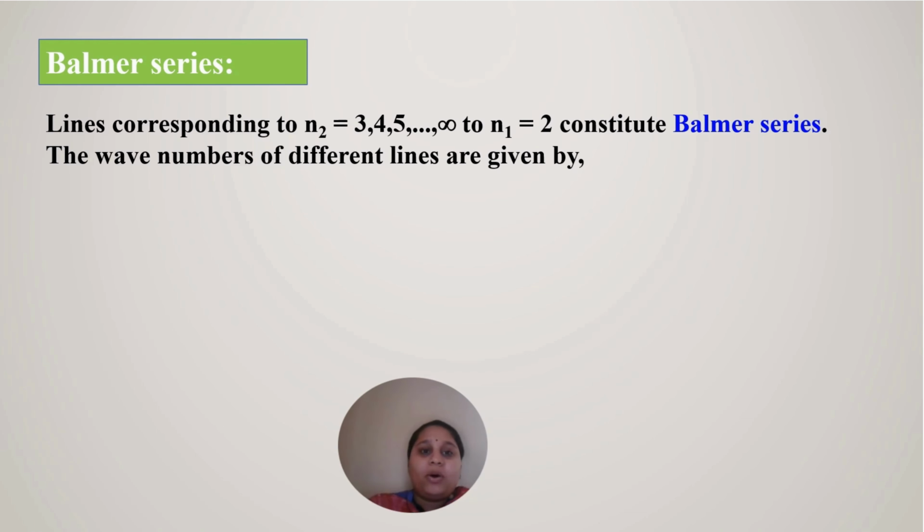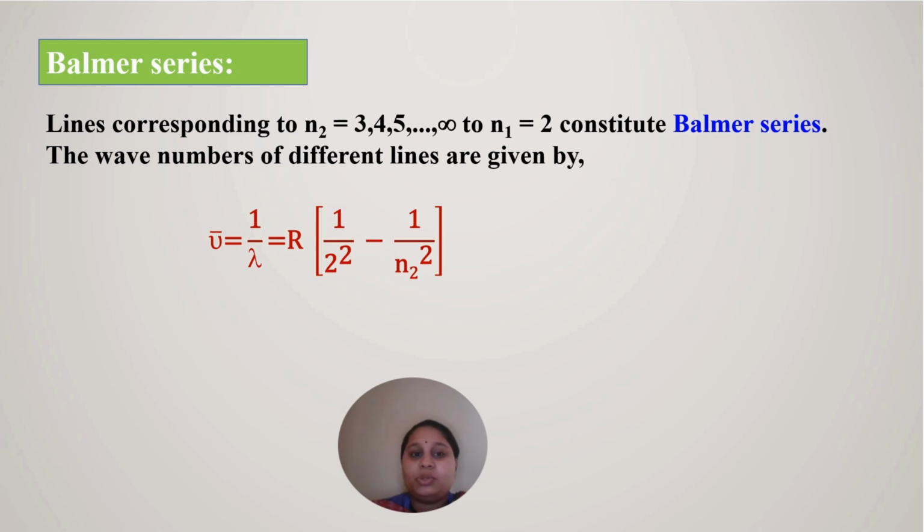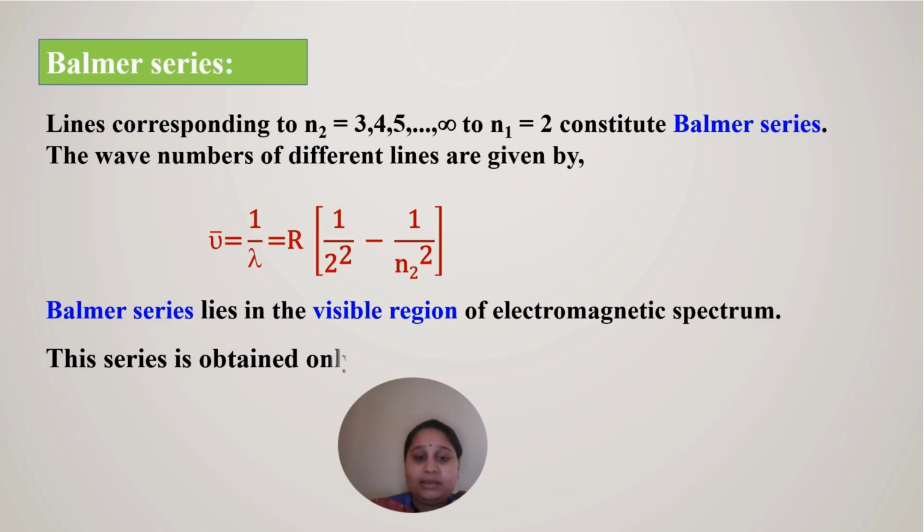The wave number is the reciprocal of the wavelength, so 1 by lambda equals R times 1 by 2 square minus 1 by n2 square, where n2 may be 3, 4, 5, any number. The Balmer series lies in the visible region of the electromagnetic spectrum, and this series is obtained only in the emission spectrum.